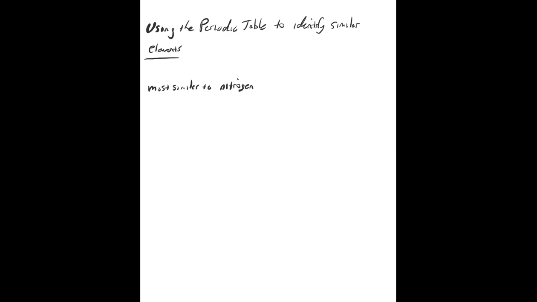And then they're going to give you several elements, and they're going to ask you to pick which one is the most similar to that particular element. So which one is most similar to nitrogen? And that is purely based on the position in the periodic table.